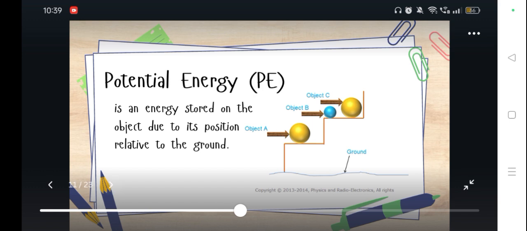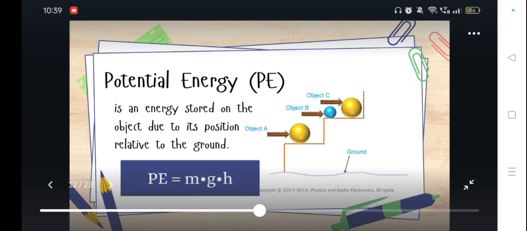So the potential energy, or PE, can be quantified using the equation PE, or potential energy, is equal to mass times g, which is the acceleration due to gravity. So it has a constant value. It can be 9.8 meters per second squared. That's the accurate value.